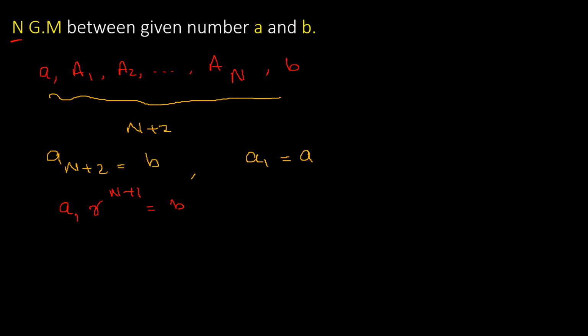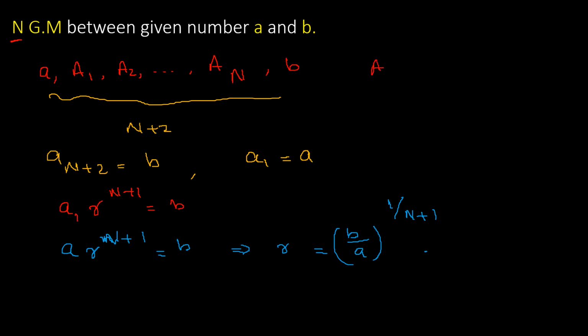So by putting that, a r raised to power n plus 1 equals b, which makes r equal to b over a, whole raised to power 1 over n plus 1. Okay, so now as we know what r is, we can find all the ai's just by multiplying by r raised to the power of that.